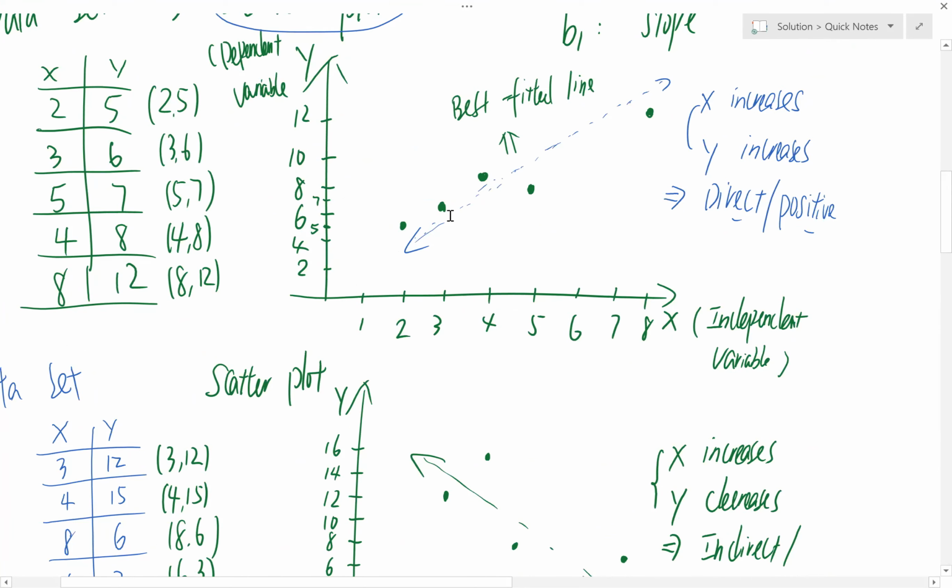That means your predicted value will be different from your actual y values. That makes sense because a regression model is what we call the best fitting line. It's the best possible line we can come up with to capture the relationship. Again, it's not a perfect line. That's why it doesn't go through all the given points in the data set.